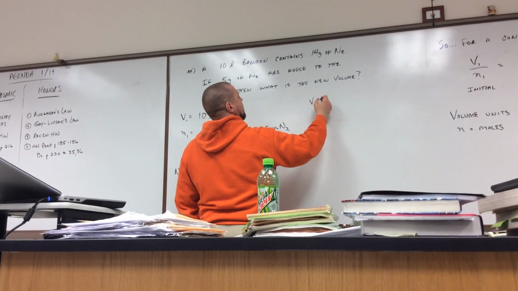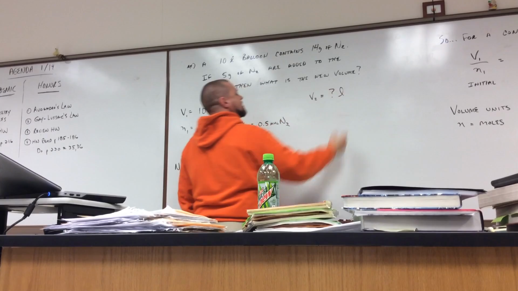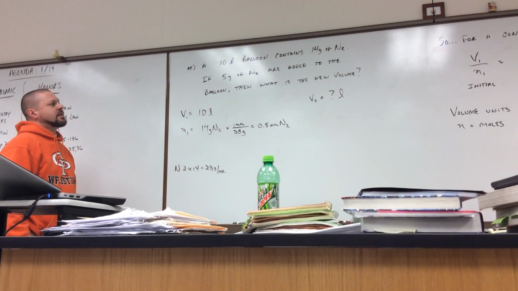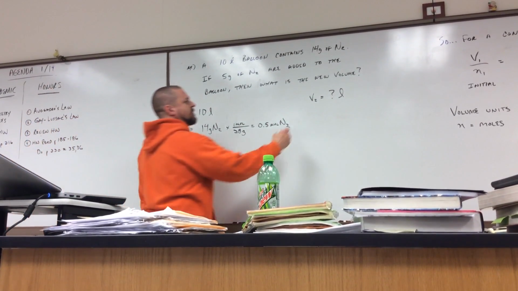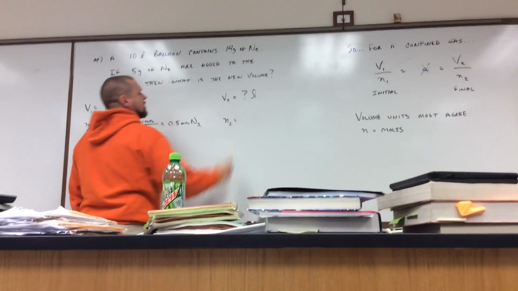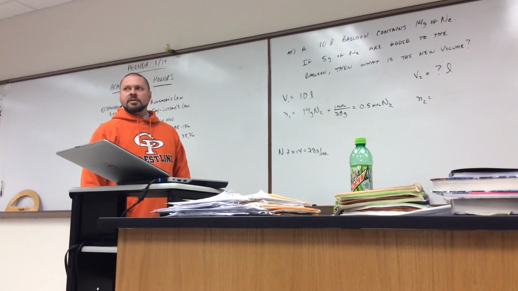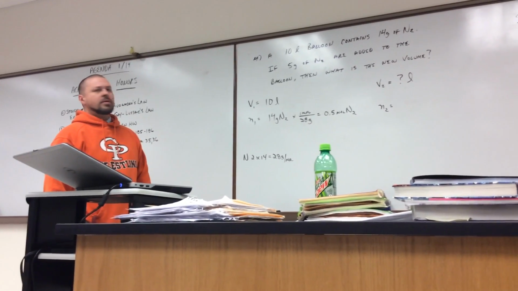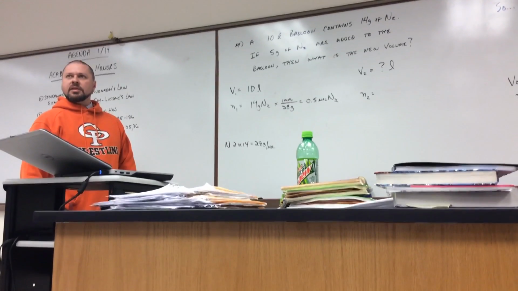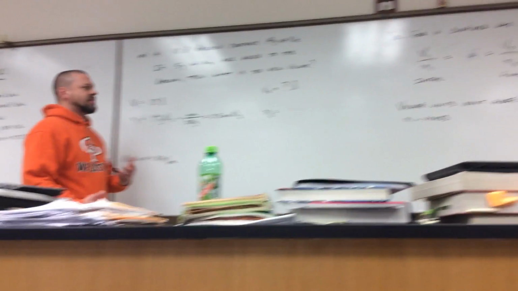Volume 2 is what I'm looking for now, but I know it's got to come out in liters because it's got to agree. Now the thing to be careful of is this. How many grams are in the balloon at the end? 19. Because you're adding it. So just make sure you're thinking about what's going on.